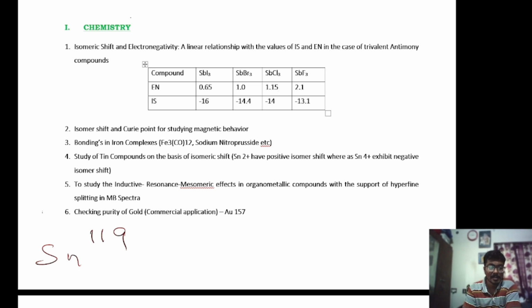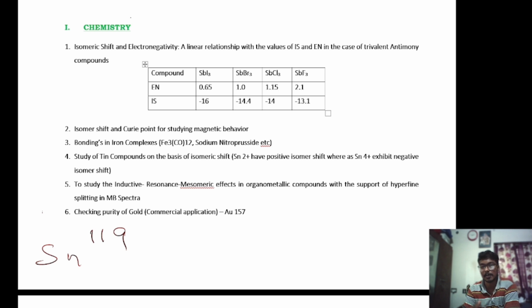Okay, and the sixth one is checking the purity of gold. Very important. You all know that in the periodic table, not all elements are Mössbauer active, right? Gold 197 is a Mössbauer active element. So this is one of the commercial applications of Mössbauer spectroscopy. Many jewelers are using it.